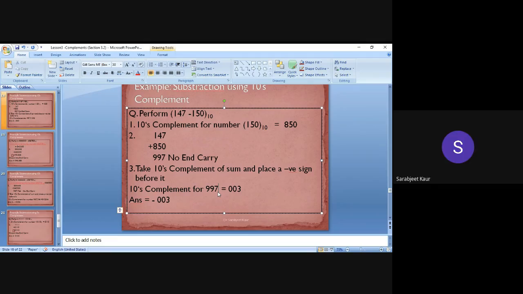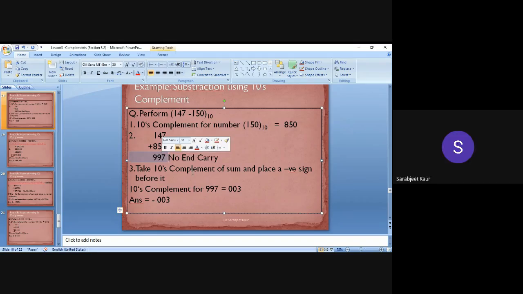So we will only add the tens complement. If this is smaller than this, then the procedure up to here is the same. These two steps are same. The only difference will be that there will be no end carry here.